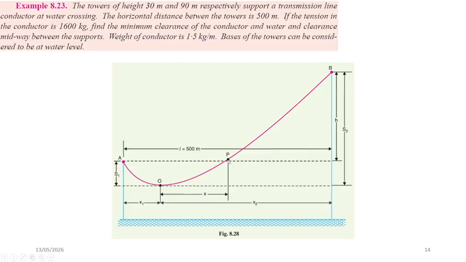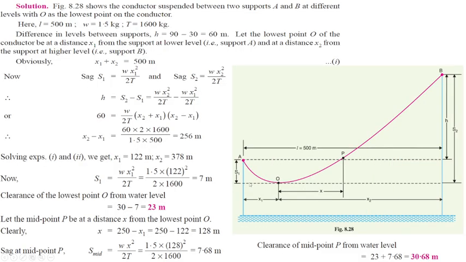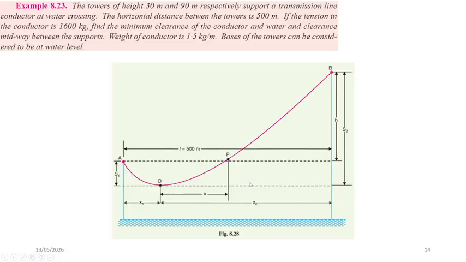It means that we want to find this one and this one, this point. This is a medium point. It means that from here to here is equal to 250, and from here to here is equal to 250. And we want to find the sag at point O as well. So this figure shows the lowest point of the conductor, the sag distance, and the geometric relationships used in the calculation.